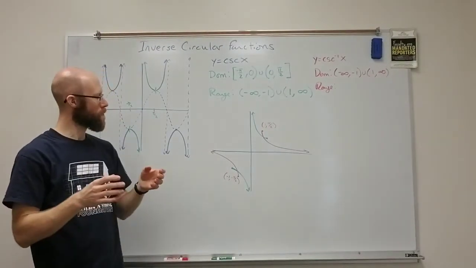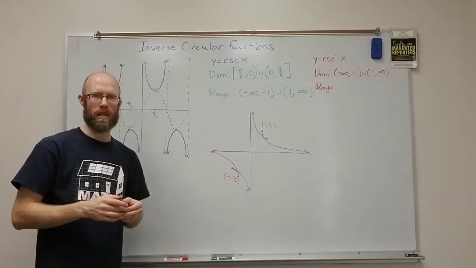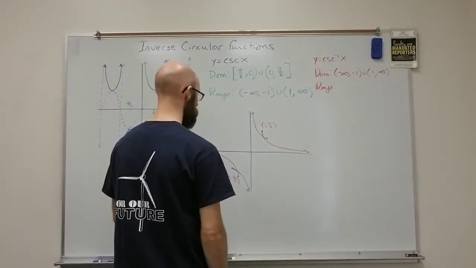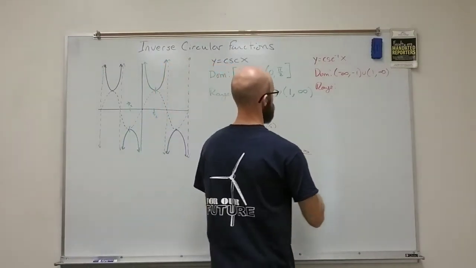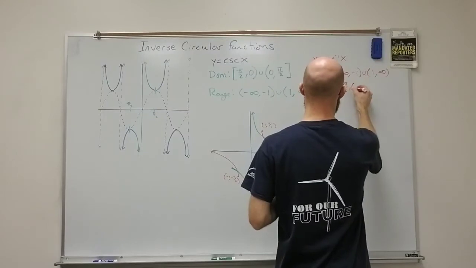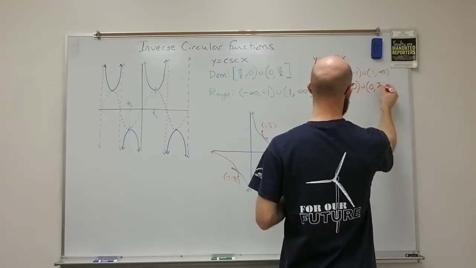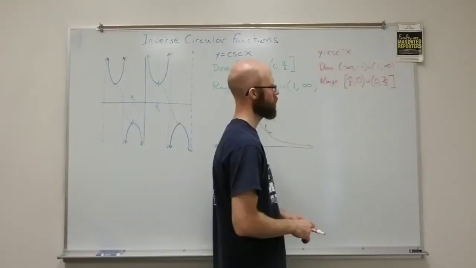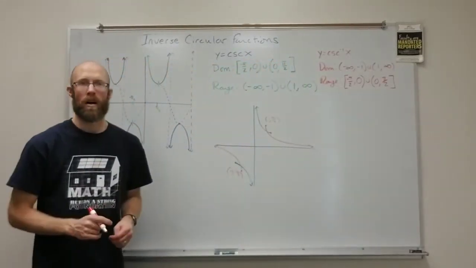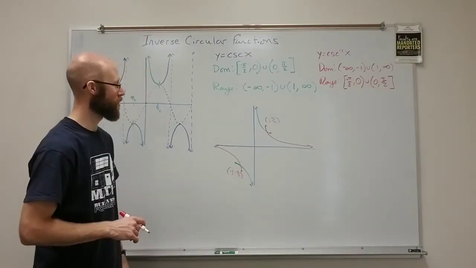It's still the first quadrant and the fourth quadrant, but I just can't include that 0. Yeah, so that's going to be the range of the inverse cosecant. So there we go. Okay, so sorry about that little error there.